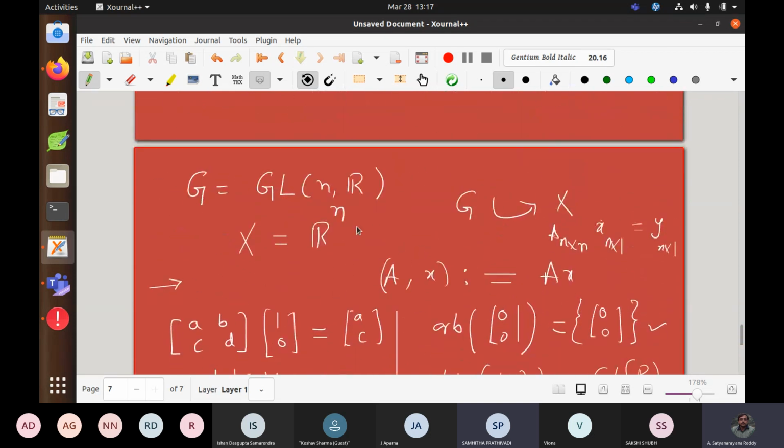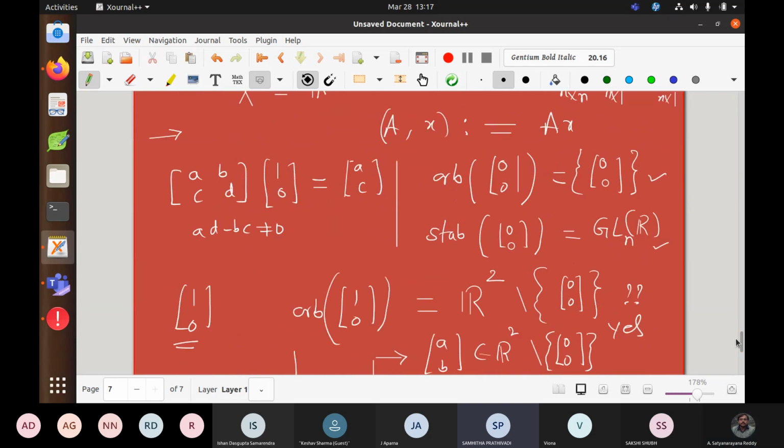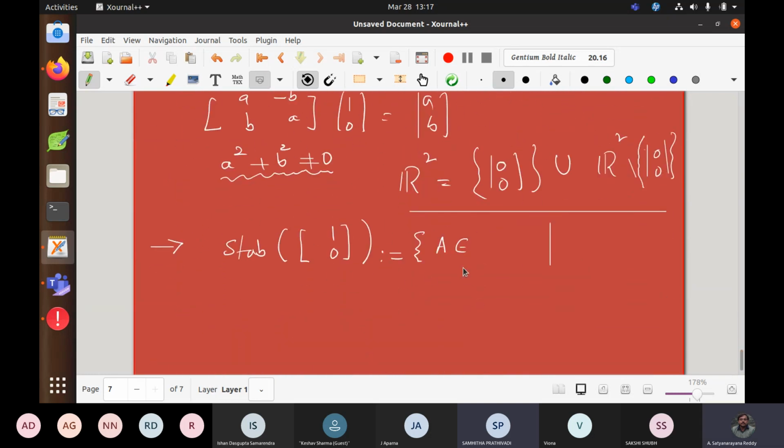G is acting on X. Okay, the set of all 2 cross 2 matrices from GLn of R. Here I'm looking at 2, so GL2 of R, such that A E1, where I call the first vector E1, is equal to E1. Which fixes E1, right? All those matrices form a subgroup of the group G.